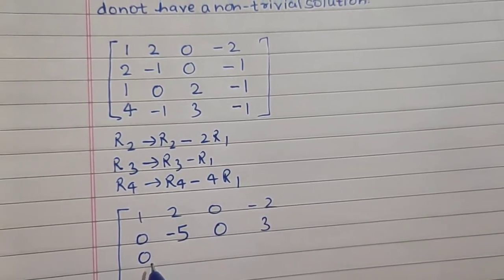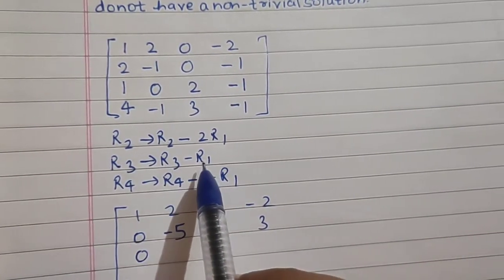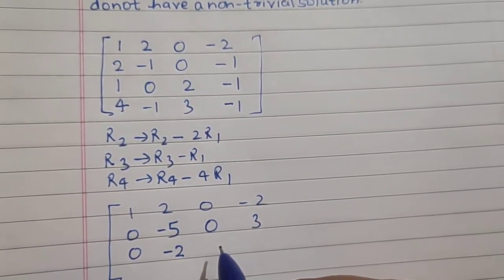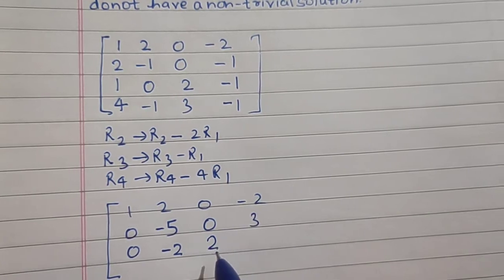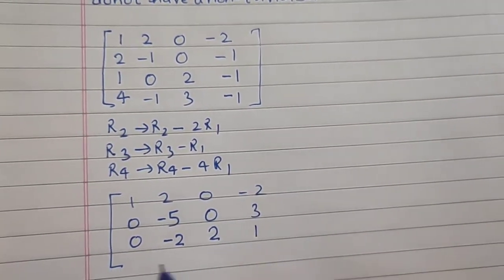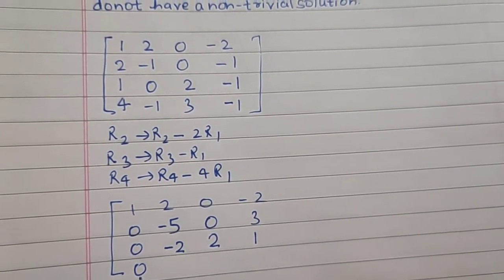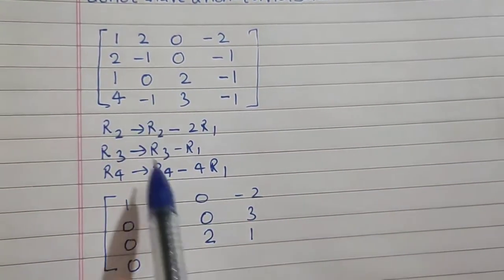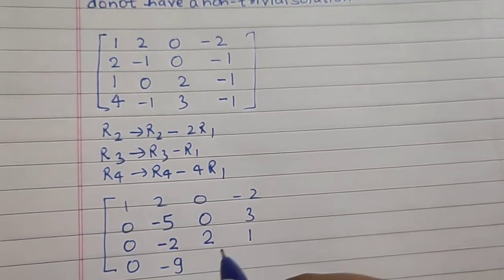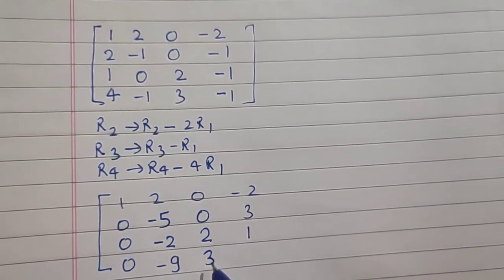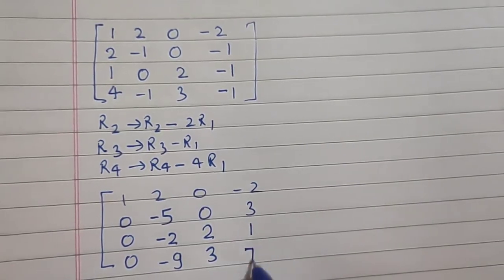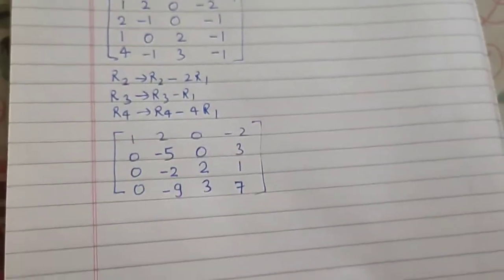This will be 0. Now R3 minus R1 simply, so this will become -2. This will remain as 2, and this will be 2 -1 which is 1. This will become 0. 4 times of this is 8, so if we are subtracting this, so -9. This will remain as 3. 4 times of this is -8, and we are adding, so it's -7.